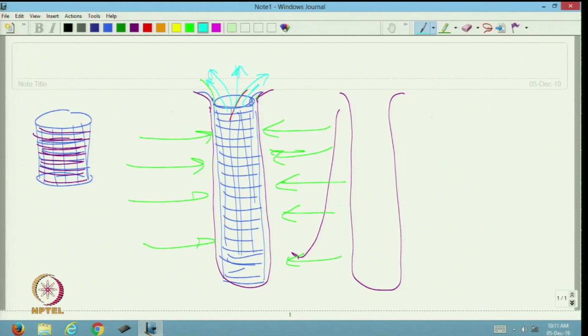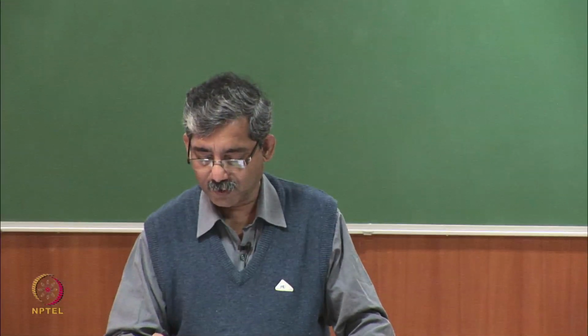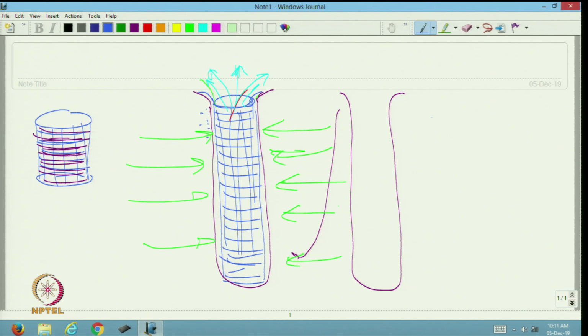So, these are used for, say, cement industry or textile industry, where dust load is very high. So, these are the dust particles, okay, which are retained, arrested at the surface.